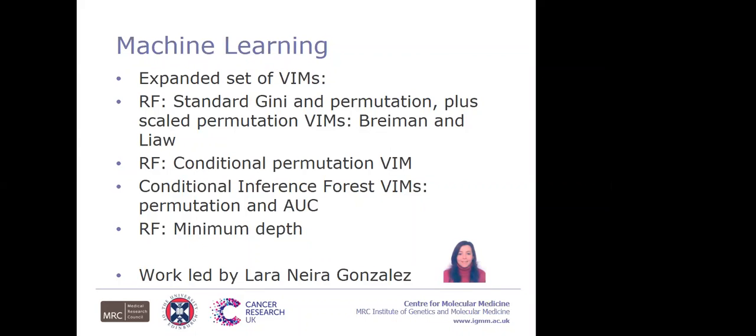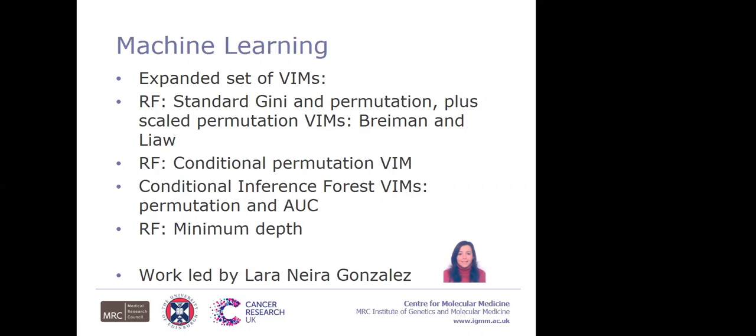So in this last bit, this is, as I said, very new work, so not published and preliminary. It's work that's been led by my PhD student, Marinera Gonzalez, who you can see here. So here we wanted to look at an expanded set of variable importance measures.